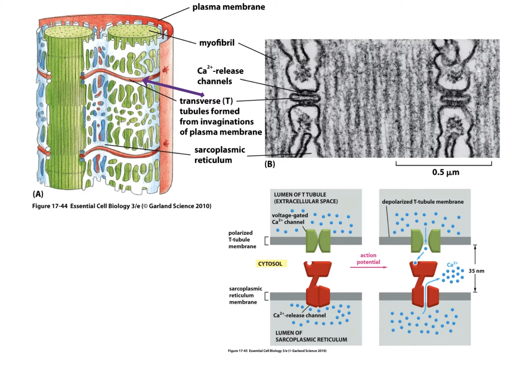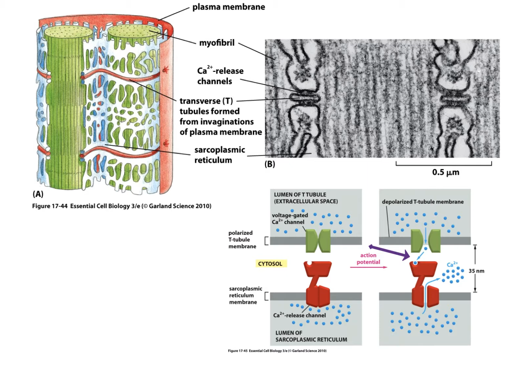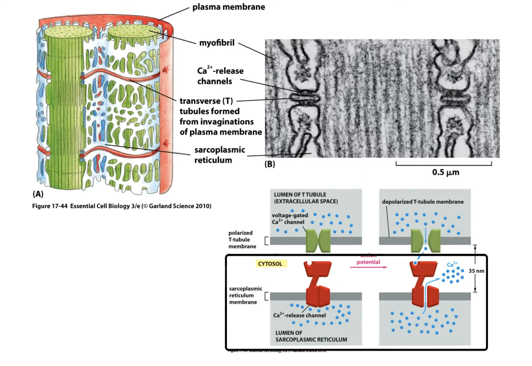So you get an electrical impulse coming through here from a nerve, and that opens a calcium gate in this T tubule or transverse tubules in those cells. And that calcium that's released then interacts with a second calcium channel in the lumen, in the sarcoplasmic reticulum, and that's filled with calcium also.